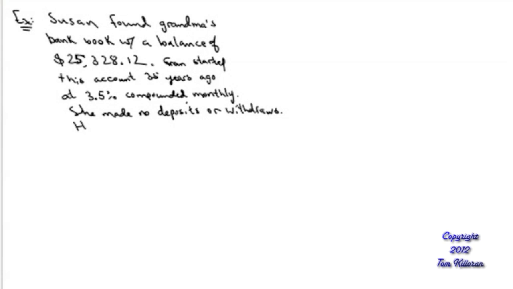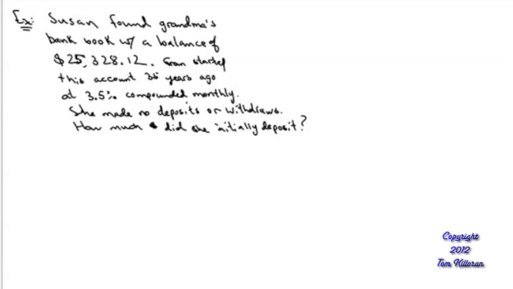So how much money did she initially deposit? Can I go backwards and find out from the total amount at the end how much she started with in the beginning? Yes. Well, I hope so. I have a lot of information.